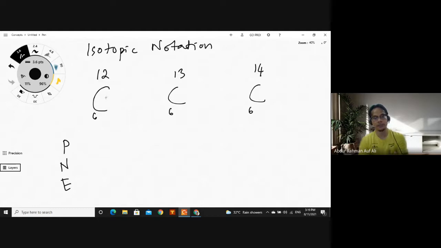Okay, cara kita tulis simbol ni C12 dengan 6, C13 dengan 6, C14 dengan 6. Ini adalah isotopic notation. Okay, cara kita tulis the mass number and the atomic number of the isotope. Okay, susunannya.